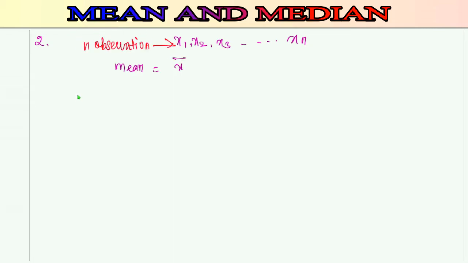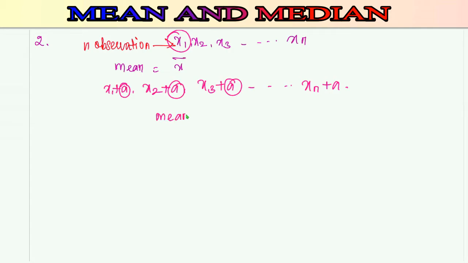If each of the observations under consideration is increased by a quantity A, you will get x1 plus A, x2 plus A, x3 plus A, etc. xn plus A. Then their mean is equal to x bar plus A. You can add directly to the mean.